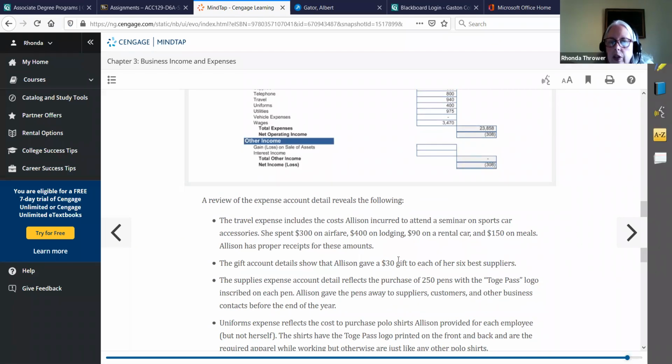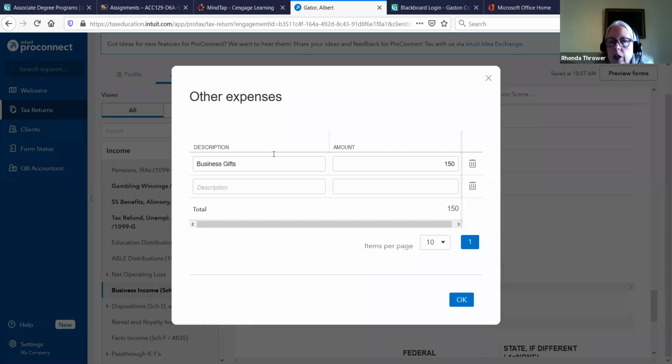And you see that they gave $30 gifts, but that's limited to 25 according to your tax laws, what's in your chapter. So $25 times 6 is the only amount that we could take for our gifts, and that was $150. 25 times 6 is $150, and that's considered to be an other expense.